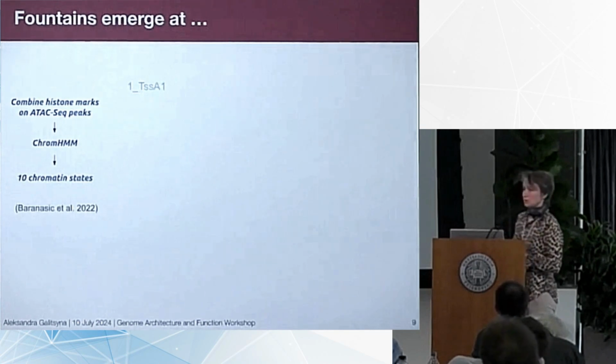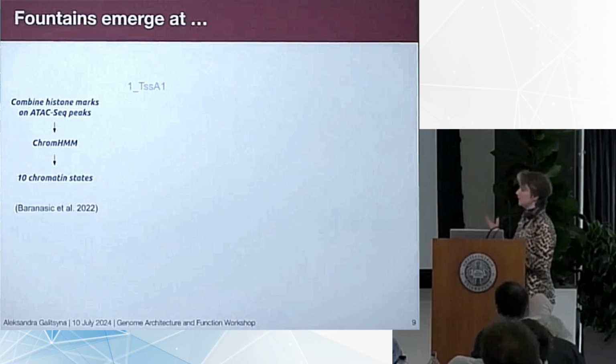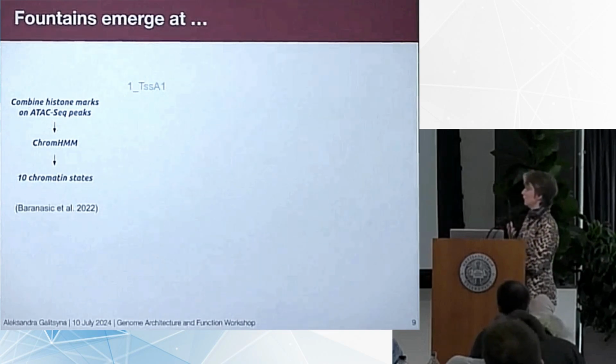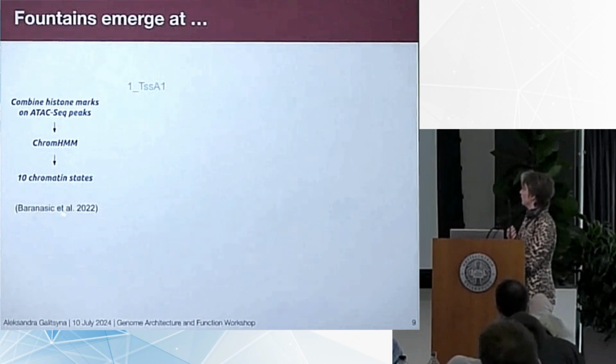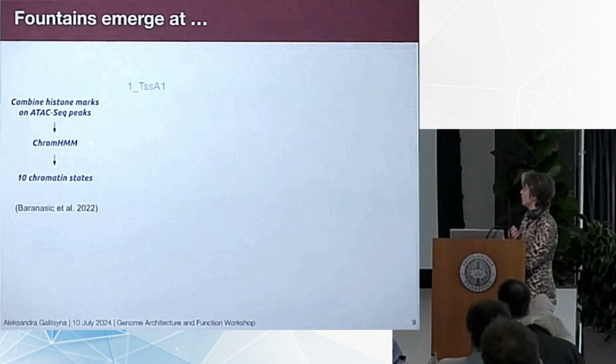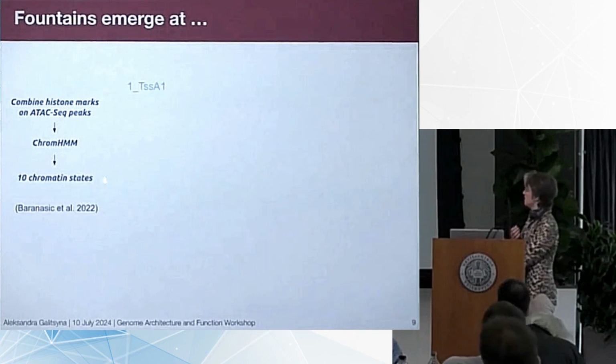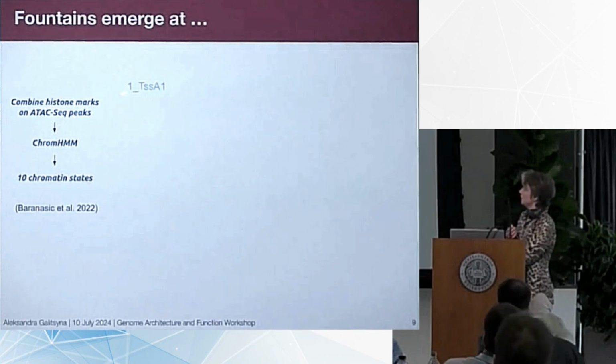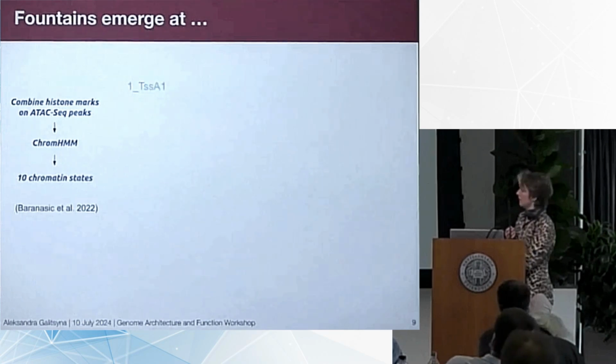But the situation is not so simple. We can dig deeper, and there is a nice annotation of chromatin states for zebrafish embryos, where another group took ATAC-seq peaks and different histone modifications for zebrafish, and used an HMM model that predicted 10 different chromatin states, including transcription start sites.